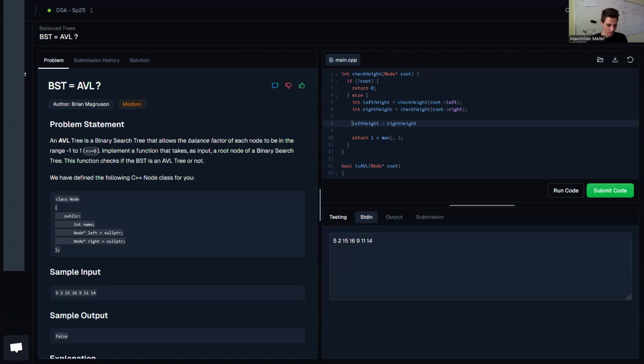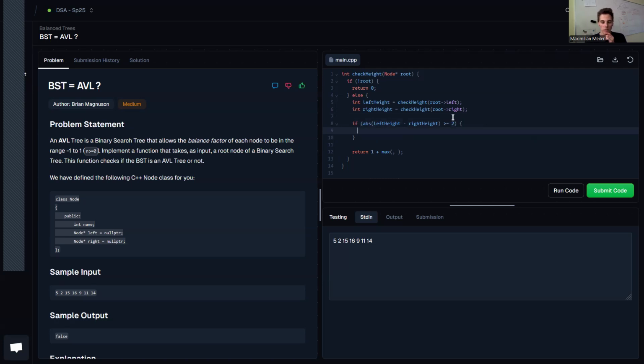So taking the absolute value will tell us the overall difference between the heights, because that's ultimately the point of what we're doing here. If the heights are just 1 apart or 0 apart, then we're fine. But if the absolute value, the difference between the two heights, is greater than or equal to 2, we know that the tree is too imbalanced to be an AVL tree. And therefore, this tells us that the tree overall is not an AVL tree.